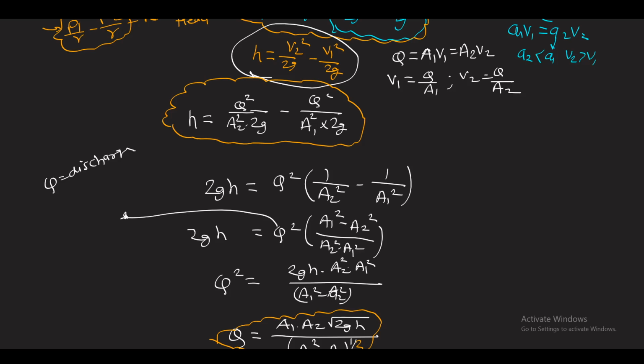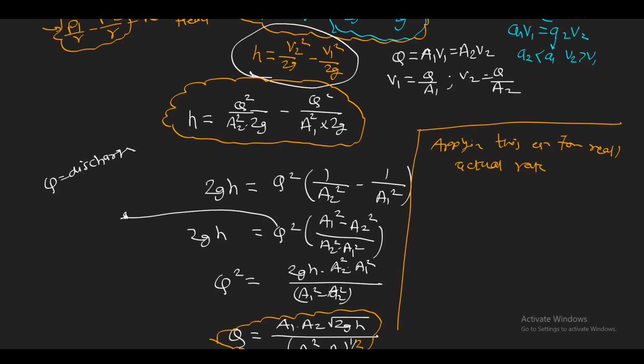So before going to the next application, we are going to discuss applying this equation for the real, or I can say the actual rate of flow. This discharge I get is called the theoretical discharge, because I am getting that just by calculations, A1 square minus A2 square and its root.